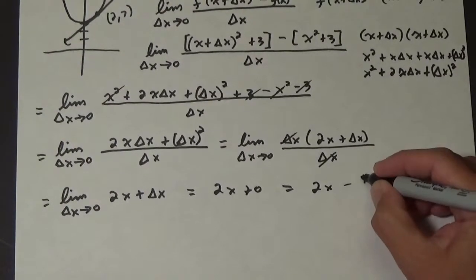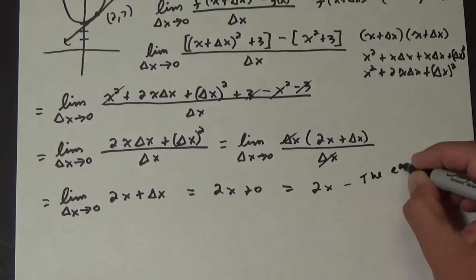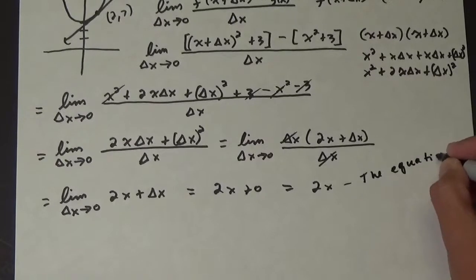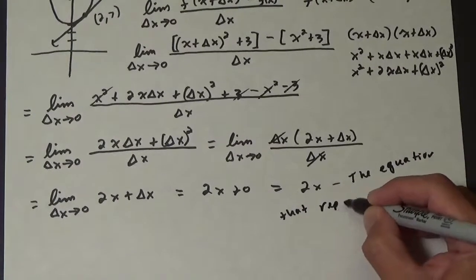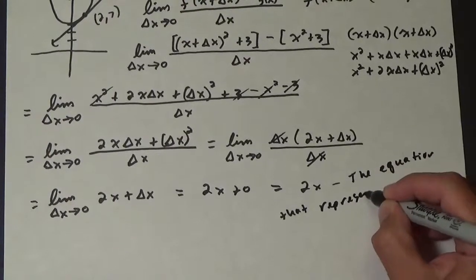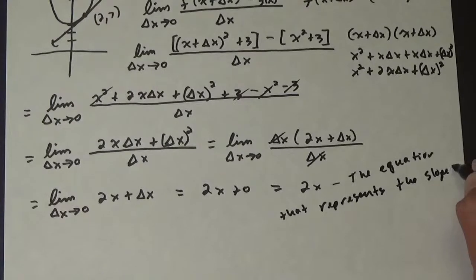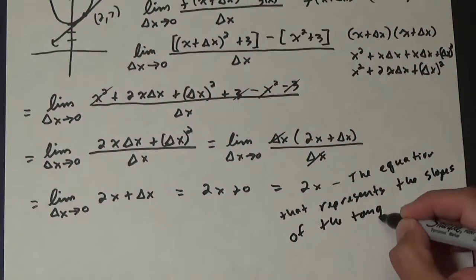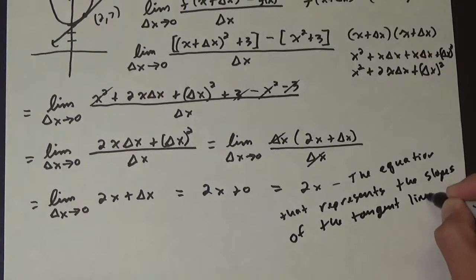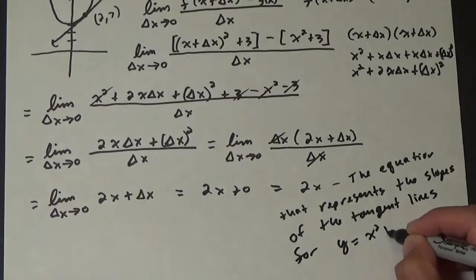So the equation that represents the slope of the tangent lines for y equals x squared plus 3.